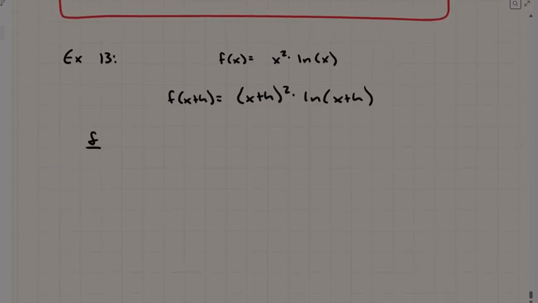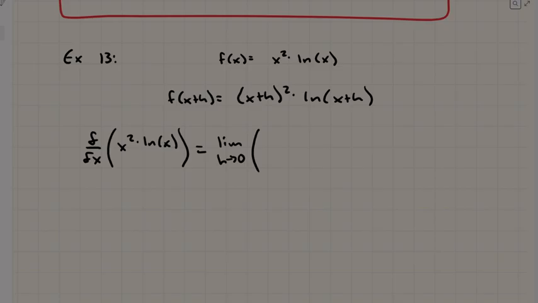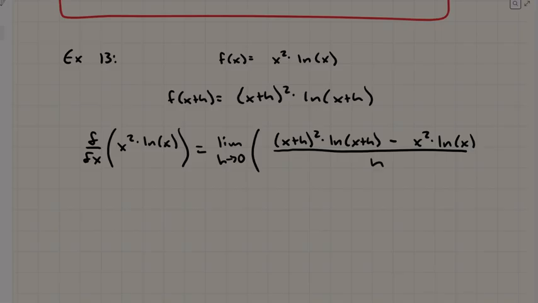But now we're ready to define the derivative of x squared times ln of x. That would be the limit as h approaches 0 of f of x plus h minus f of x divided by h.